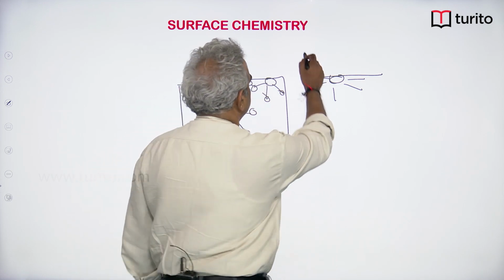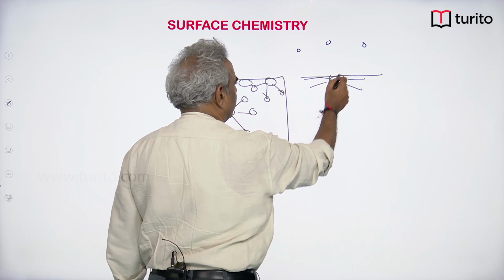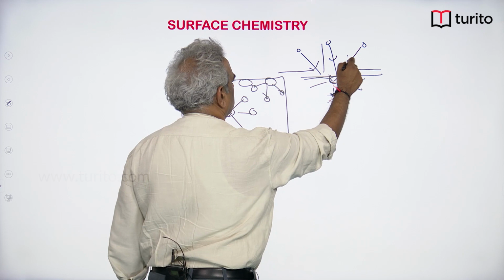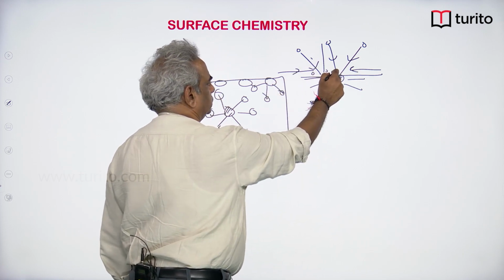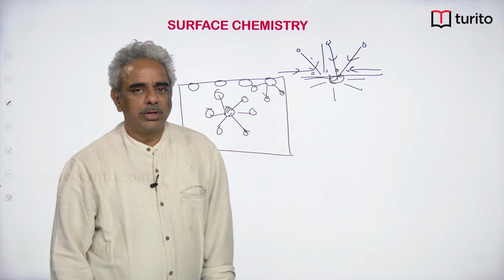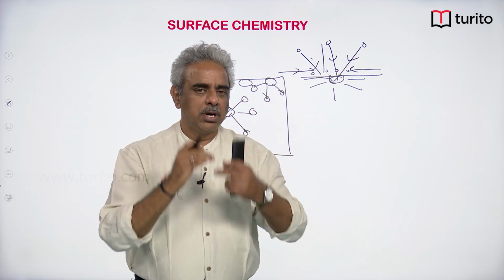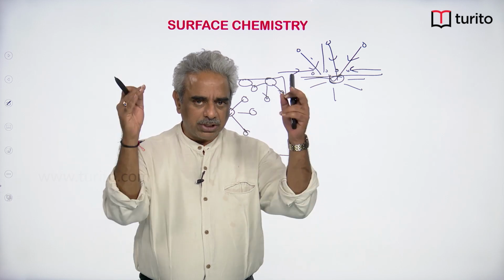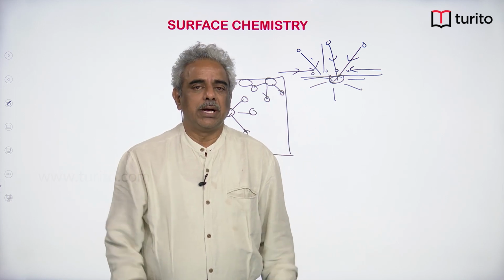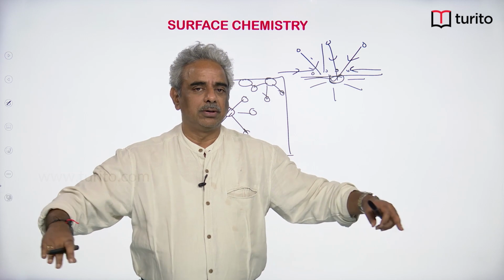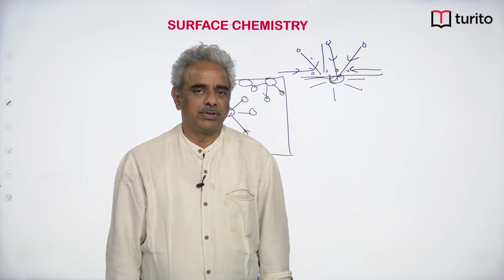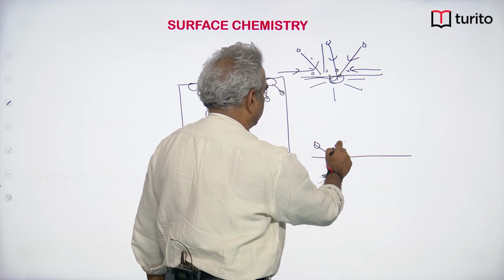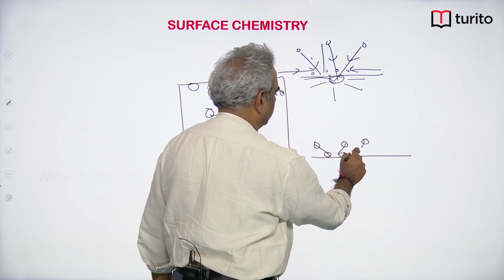Suppose there are particles of some other substance over here, they will try to catch them. So, there will be an attraction of the particles of a second substance. The attraction leads to accumulation on the surface. So, if you have any surface, the particles get attracted and get accumulated here.